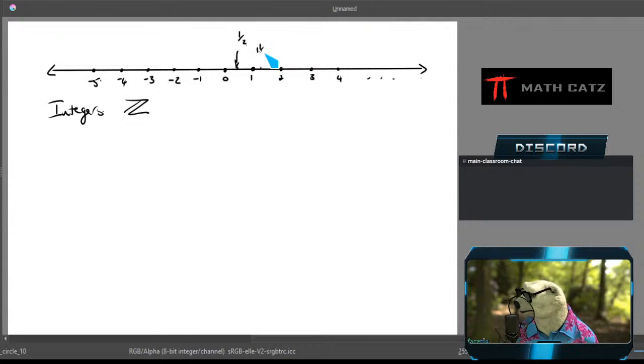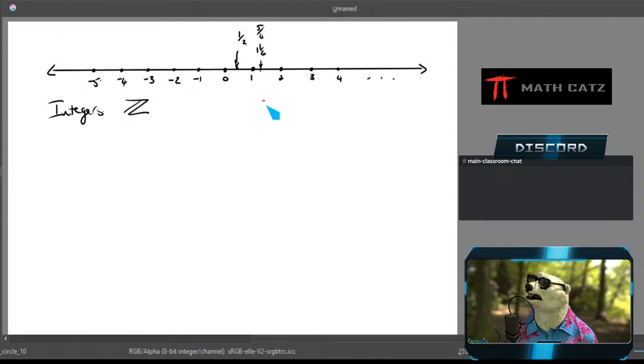Maybe 1 1/4. Now, whether you represent it with a mixed number, an improper fraction, or a decimal, it really doesn't matter. The point is that these guys exist, scattered throughout in between these existing integers at the time.